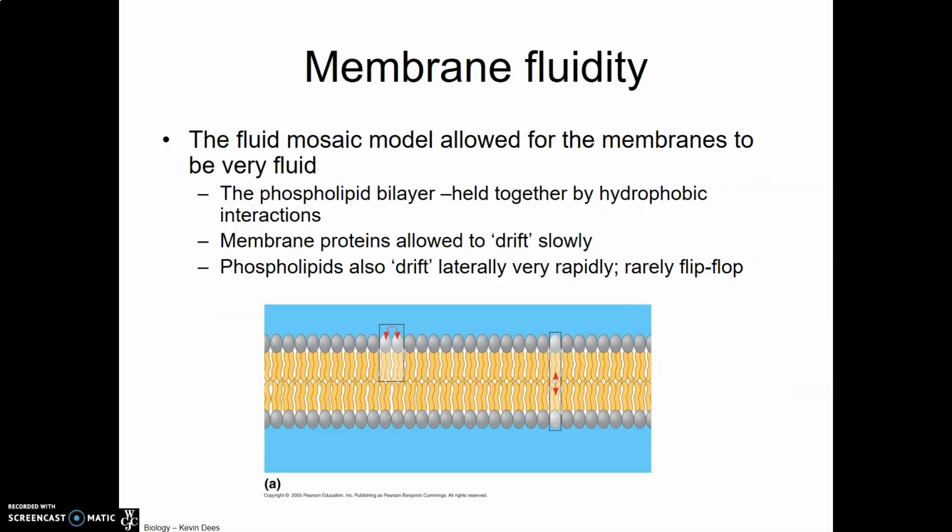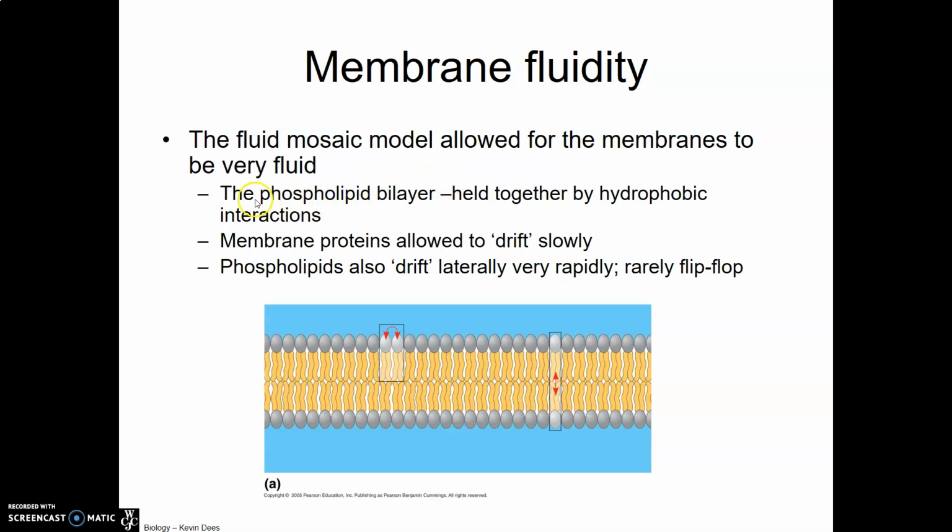Now, the phospholipid bilayer allows for the membrane to be very fluid. What I mean by fluid is not necessarily a liquid, but think of it as being very able to absorb stress by motion, sort of like a wave, right? So the fluid mosaic model allows for the membranes to be fluid, and this helps to provide some of their structural integrity.